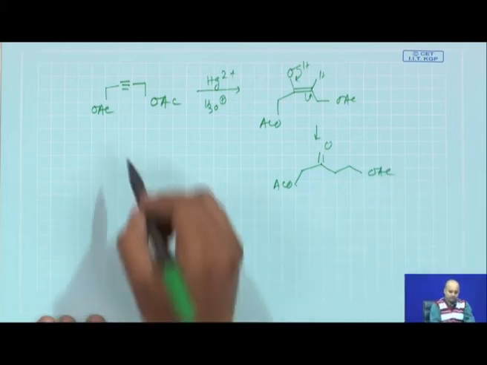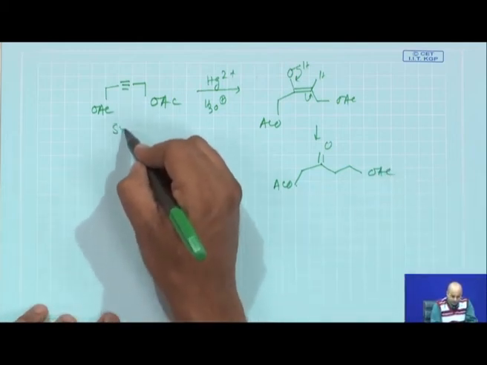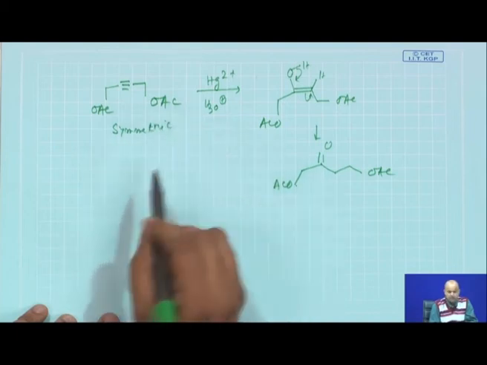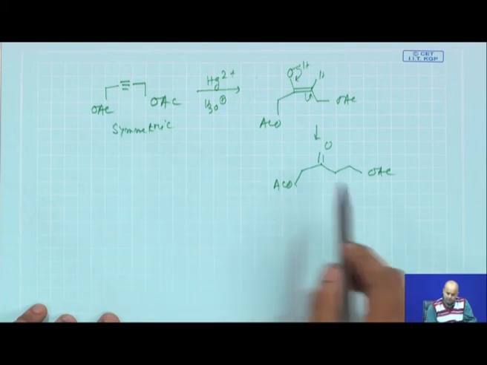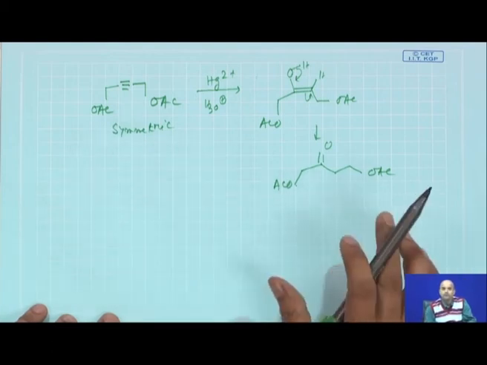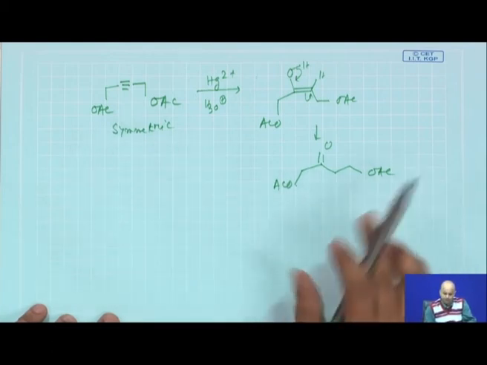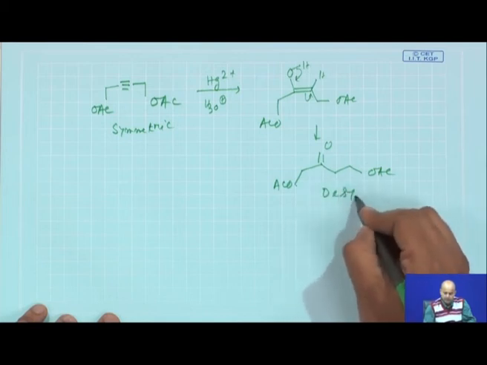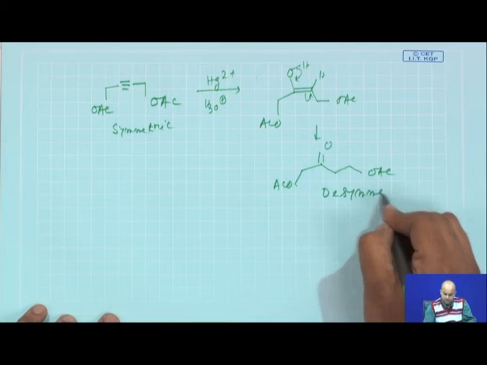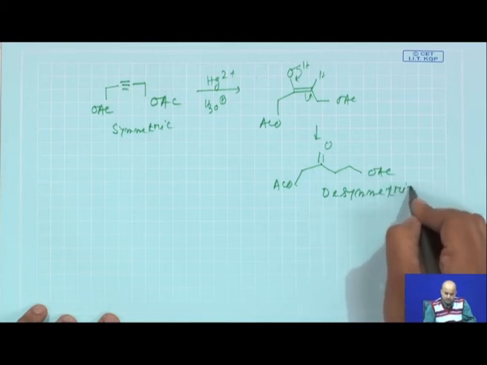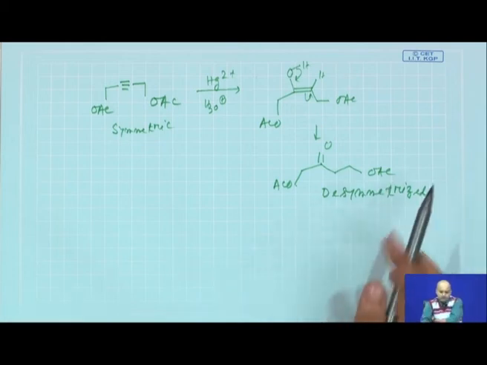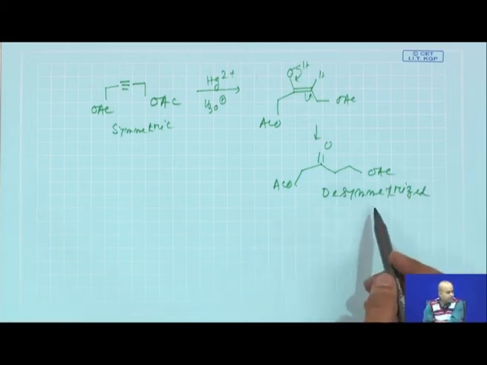Now, see this starting material was symmetrical, very much symmetrical alkyne. You do a simple mercury mediated hydrolysis, you basically get a ketone which is now desymmetrized. So, this is the main reaction which I am trying to focus on, and eventually this kind of reaction plays a very unique role.